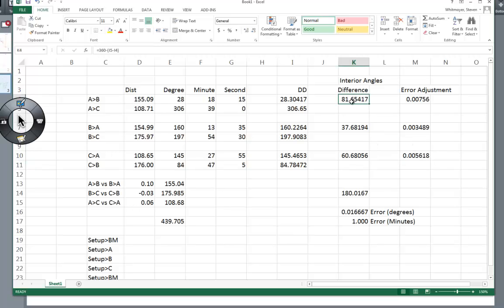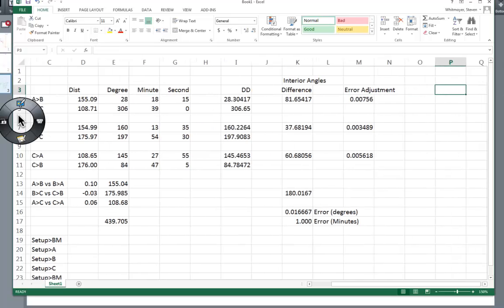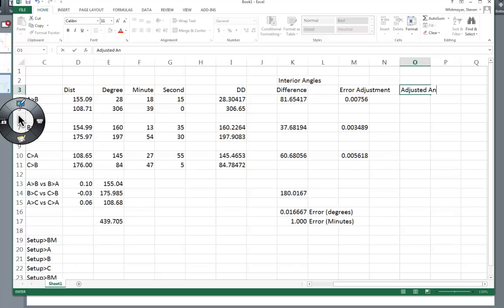This angle was 81 degrees. So it got more of the error adjustment, a weighted average. Does that make sense? Because this angle is bigger than these two, it got more of this error propagated through it. And since this number was higher, I have to subtract my error adjustment to get back down, so my adjusted angle would be this minus my error.